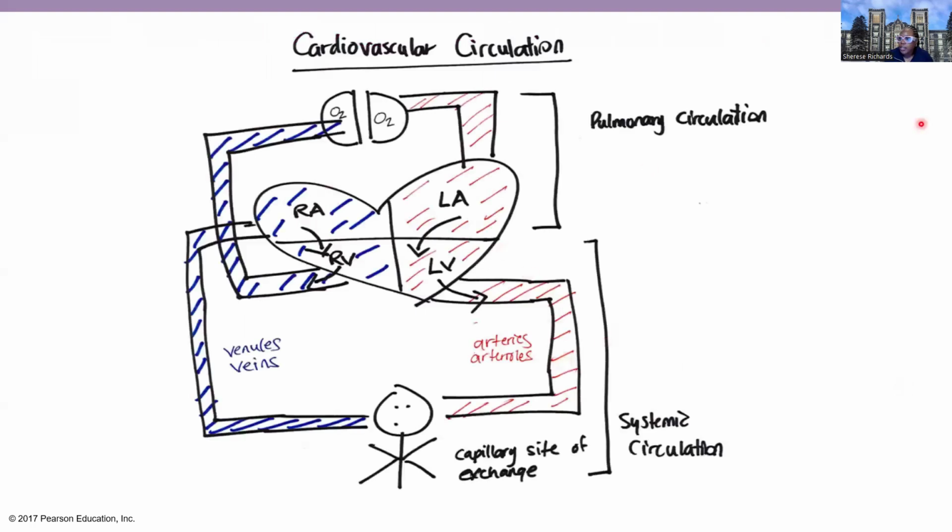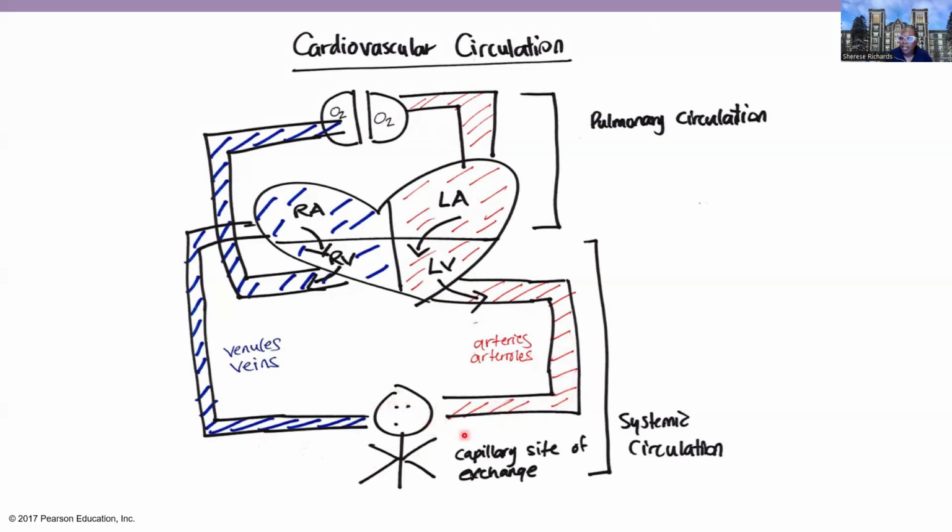And if you recall this drawing, we talked about the left atrium being the receiving chamber from the pulmonary circulation, the left ventricle being the ejection chamber towards the systemic circulation, starting with the large arteries, then branching strategically to different parts of the body into arteries, arterioles, and then capillary beds.